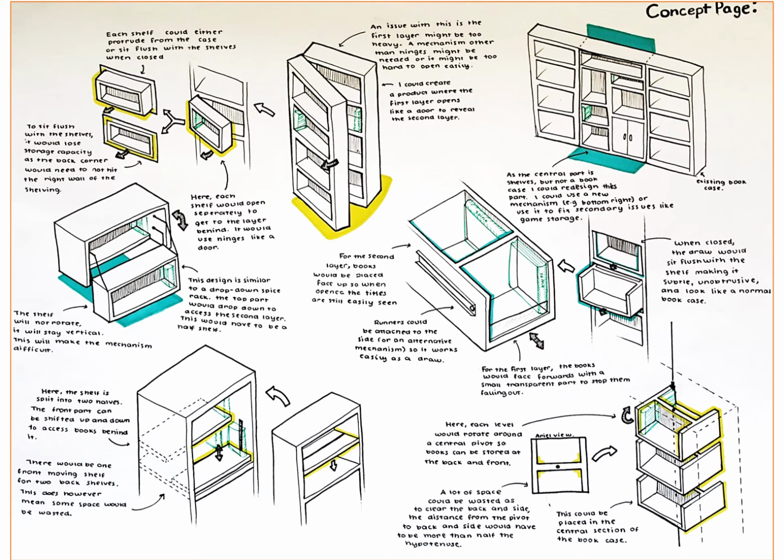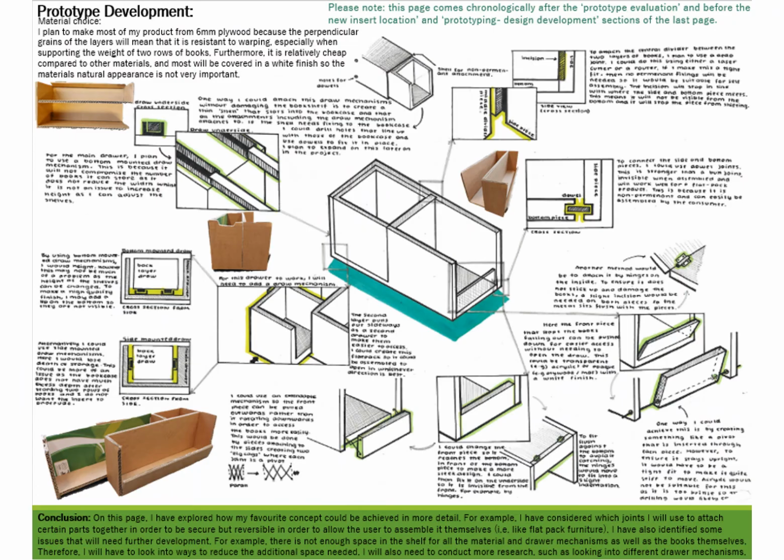So they've thought about how they can make those back books more accessible by adding an additional component to the shelf. They've sketched those ideas down, and that's what this page represents. This is their very first design idea page. Beautifully sketched, lots of annotations to explain the function clearly.